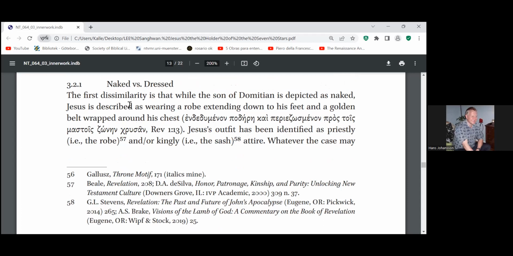Naked versus dressed. The first dissimilarity is that while the son of Domitian is depicted as naked, Jesus is described as wearing a robe extending down to his feet and a golden belt wrapped around his chest.